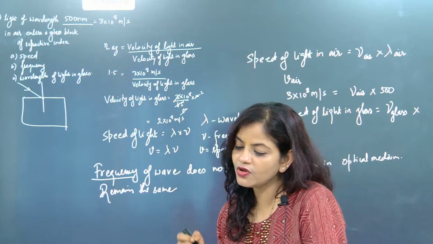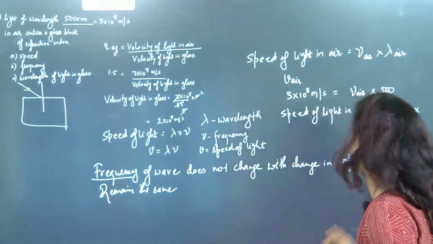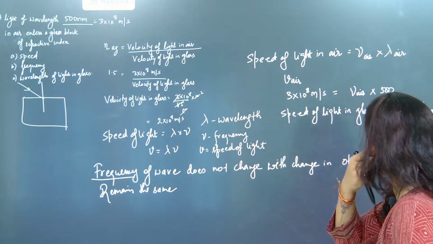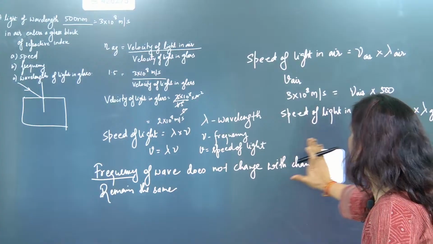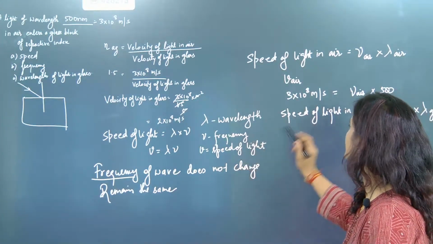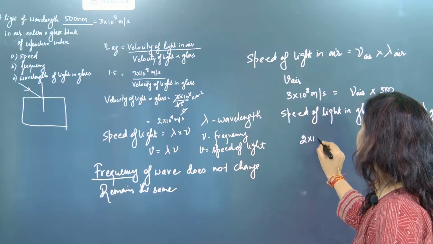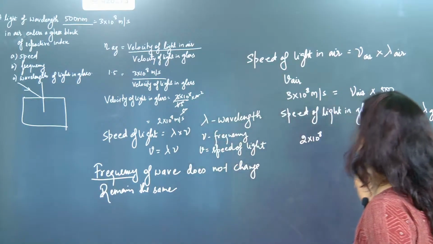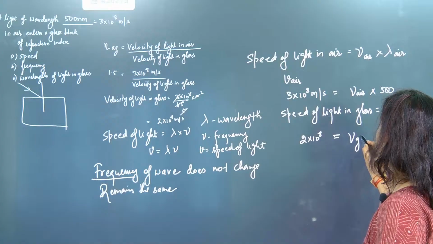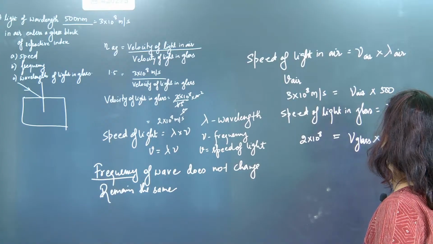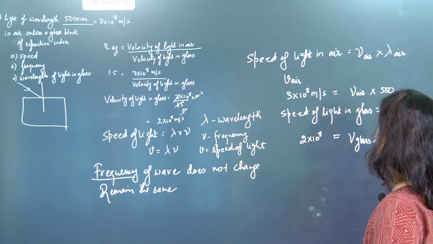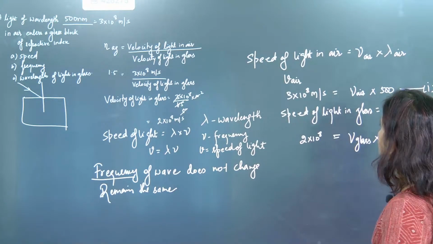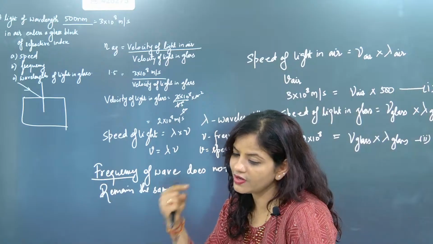Speed of light in glass, as we just defined, is 2 into 10 to the power 8 meter per second. Now beta, this is taken as equation 1 and this is taken as equation 2. Come on children, we will divide equation 1 by equation 2.